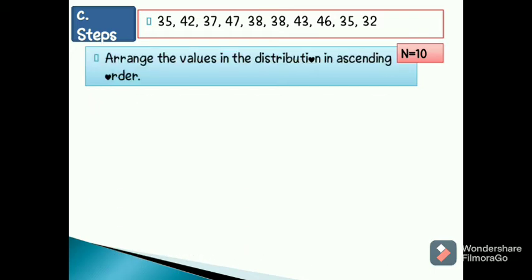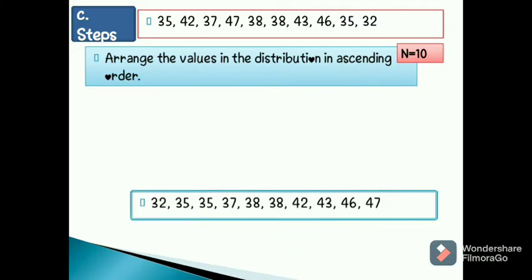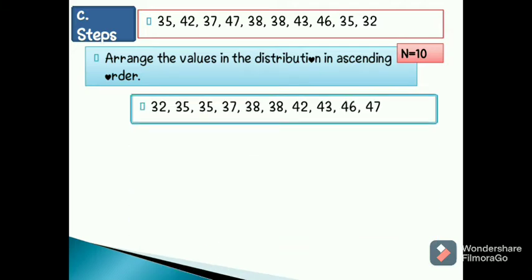So when we are going to find the value for quartile 3, the first step is to arrange the values in the distribution in ascending order, or mula sa pinakamababa papunta sa pinakamataas na numbers. So, here it is. Naka-array form siya.